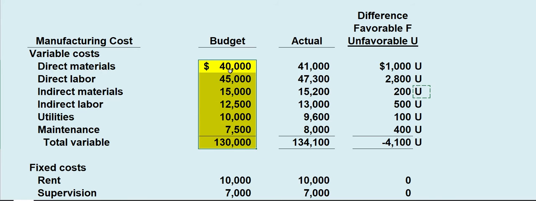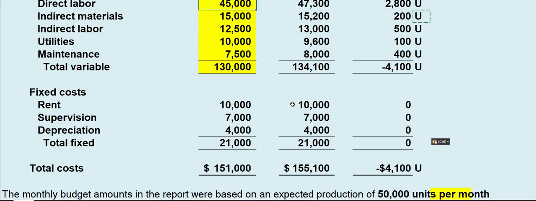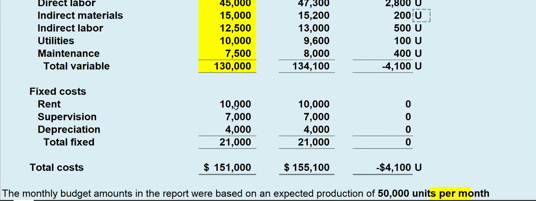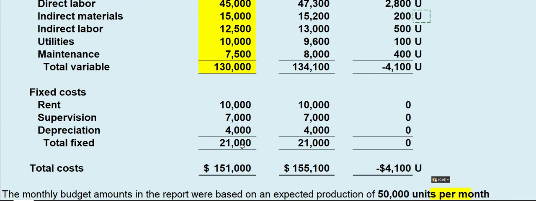And so if we took each of these line items and divided it by the total number of units of 50,000, that would give us the cost per unit. We can do the same for our fixed cost, but remember that fixed cost in total stays the same. However, on a per unit basis, it would vary.